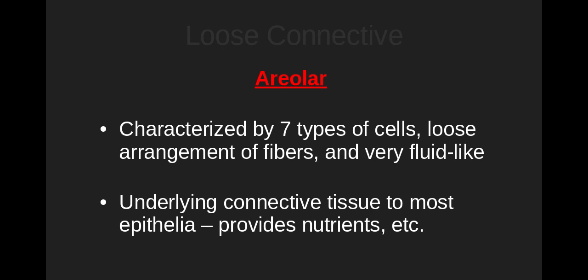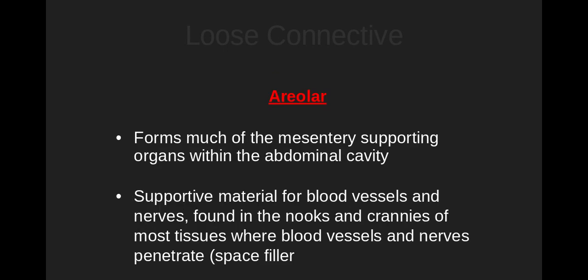If we start thinking about the layers of tissue, we're going to have epithelial tissue on top, and then connective tissue usually lies underneath it, just so you can see the connection between those different tissues, because remember, they're all working together.